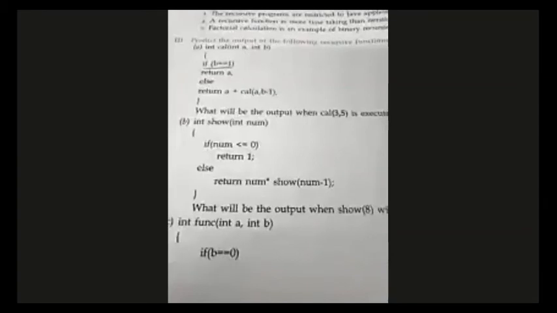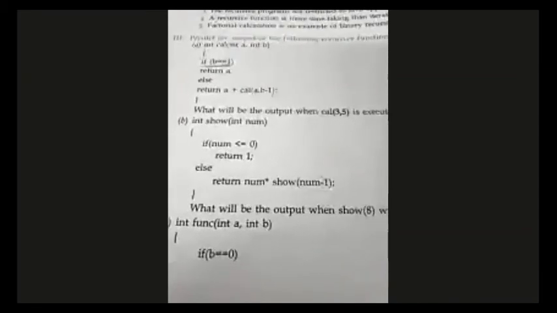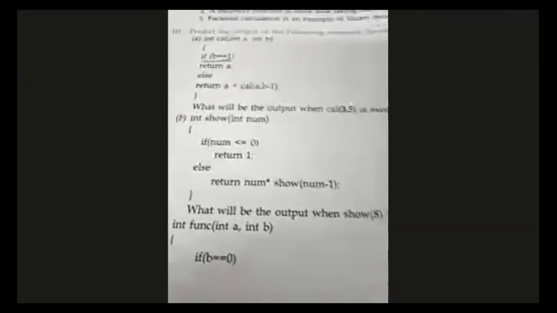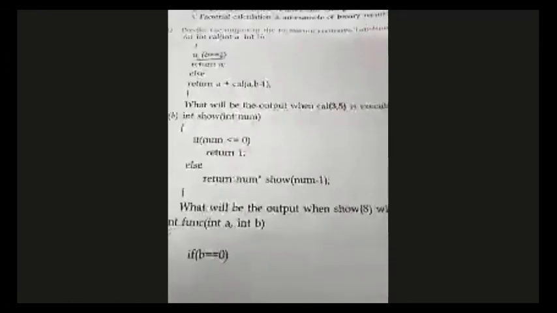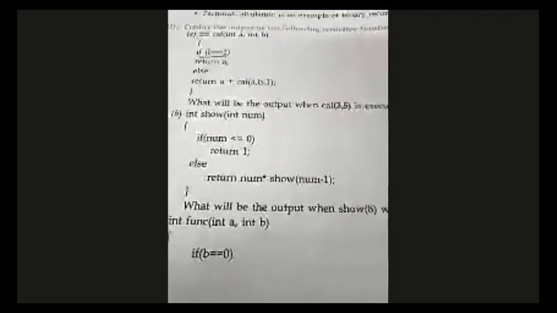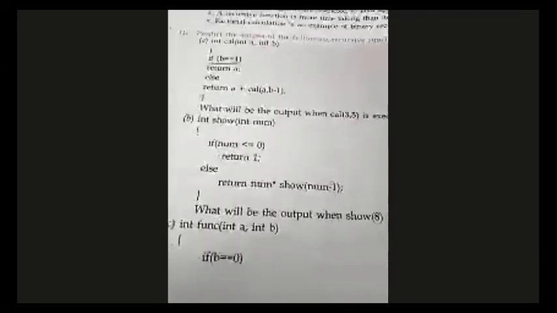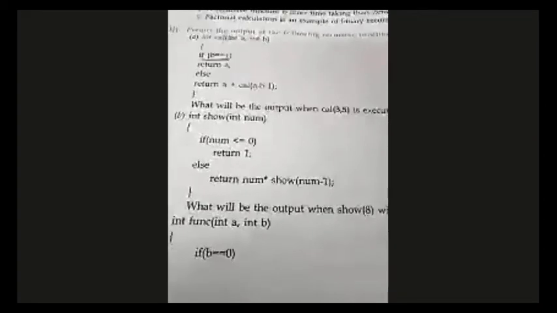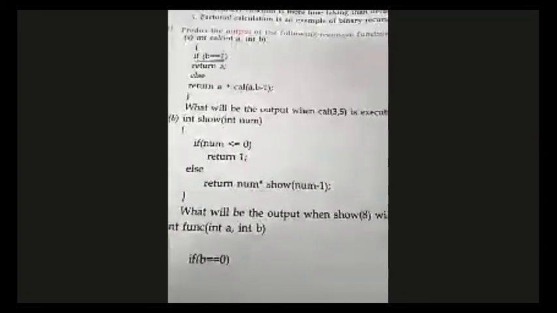int function(int A, int B), then brace open. If B double equals 0, this is the base case, return 0. Return 0.